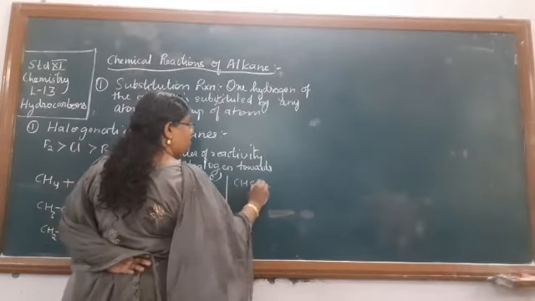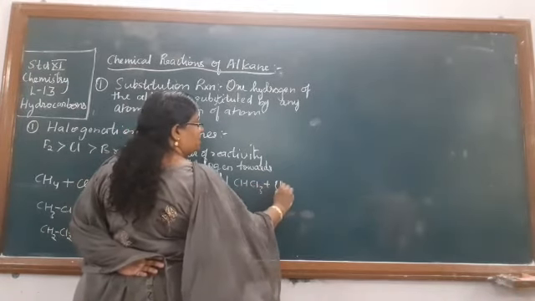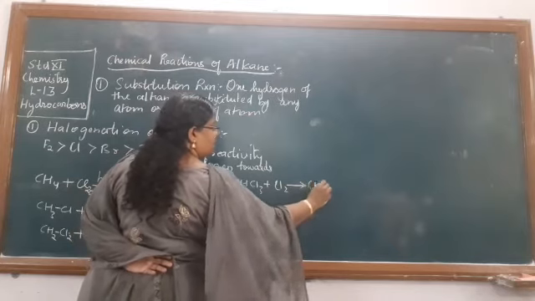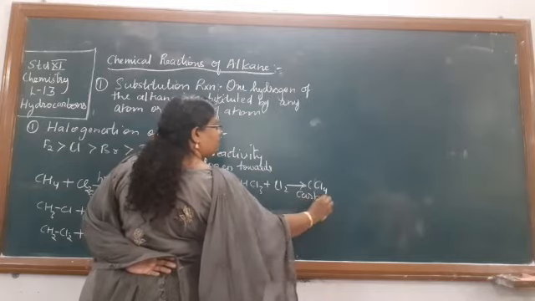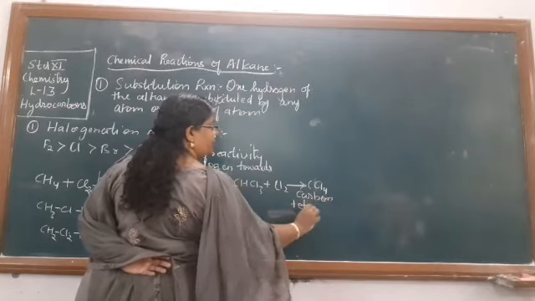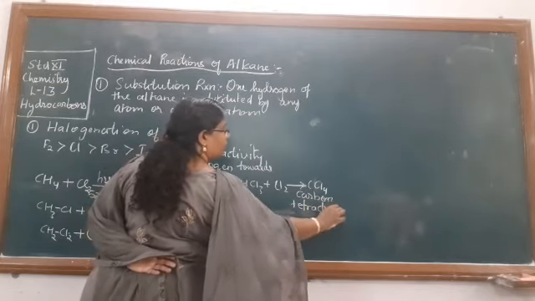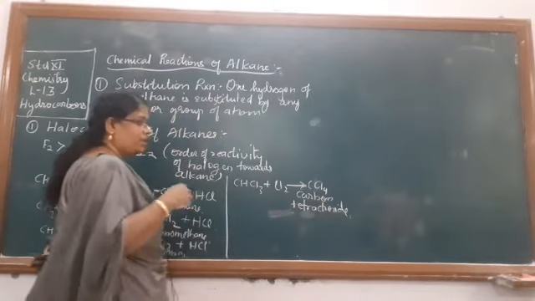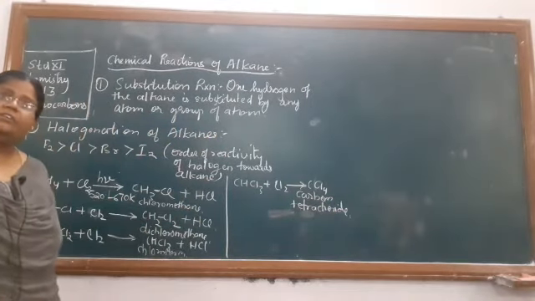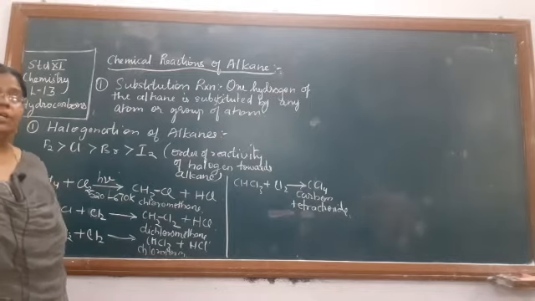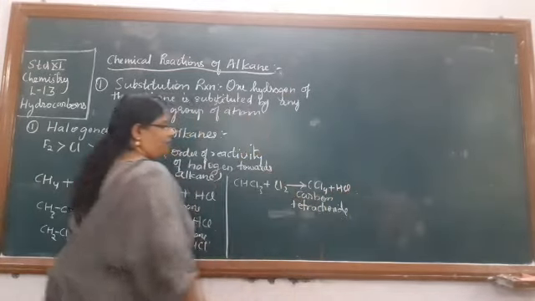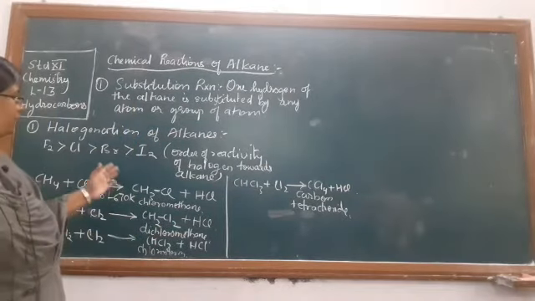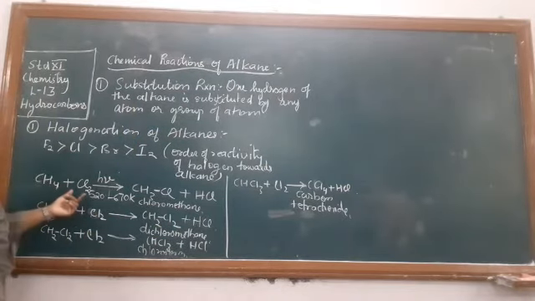So CHCl3 plus Cl2 gives you CCl4. This is carbon tetrachloride. ये सब जो compounds हैं, chloroform, carbon tetrachloride, they are very important compounds from chemical reaction point of view. Okay, with HCl. So this is the situation when you carry out halogenation of methane with chlorine.